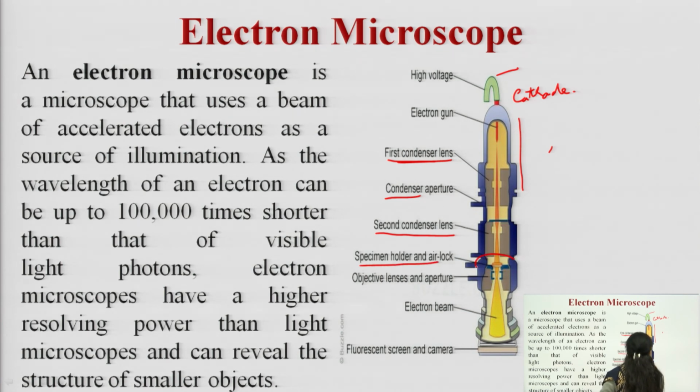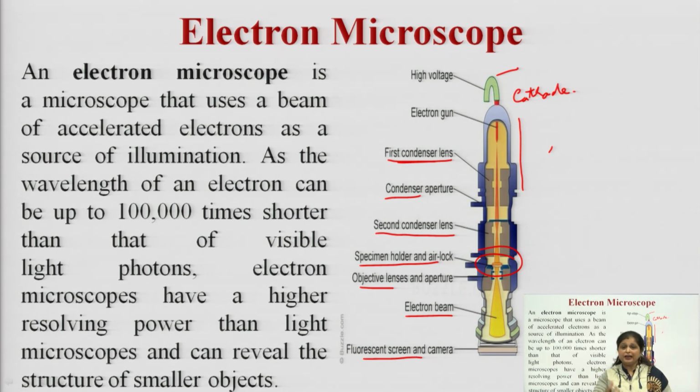As you can see, here is the specimen holder where we place our specimen to be seen, and the electron beam will strike that specimen. After passing through the specimen, the objective lenses focus the beam towards the eyepiece. The electron beam is collected by the fluorescent screen or camera.